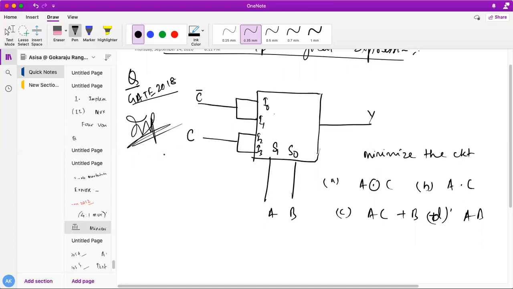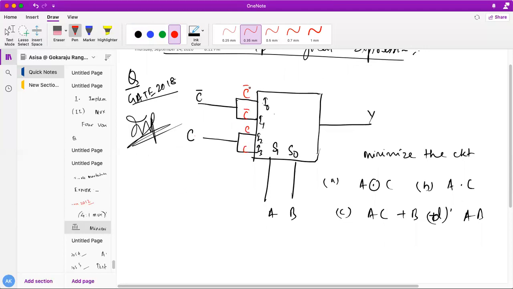What you have to do here: this is my C bar, connected to both inputs. So can I write this C bar here and this C bar here? And I can also write this C here and this C here.